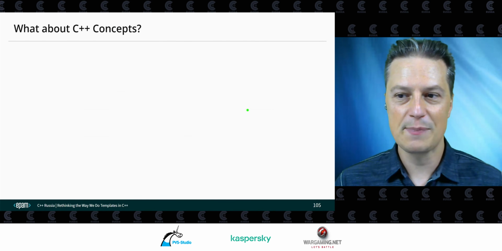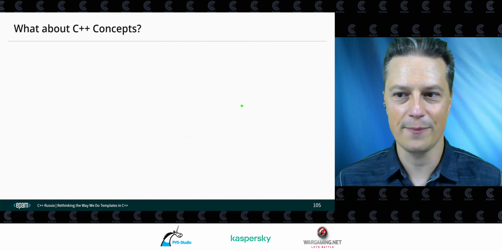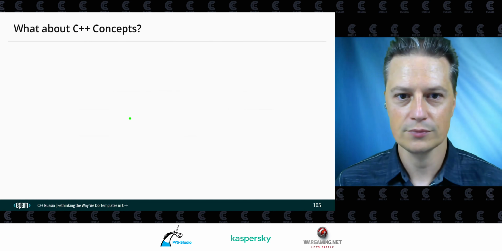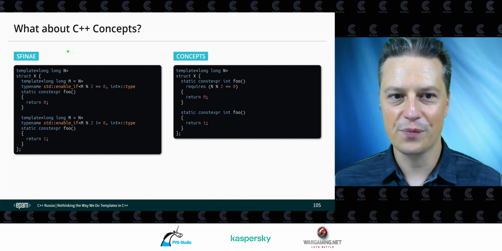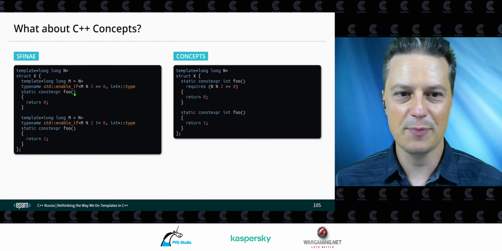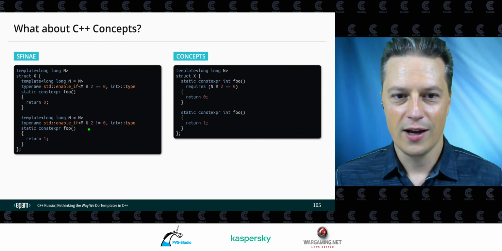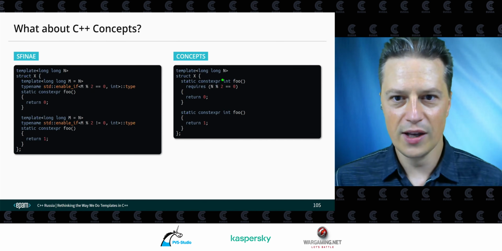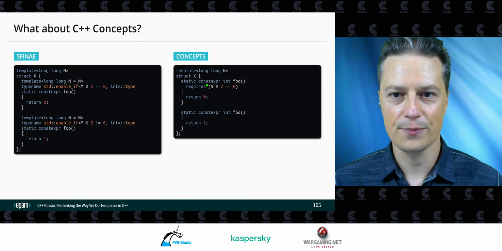The last question is, what about C++ concepts, right? We talked about concepts. What's the performance? What's the cost of them? So let's, for example, measure the typical dispatch. We make a dispatch here with enable_if on odd and even values. And we're doing the same with a concept here, with a requires clause.